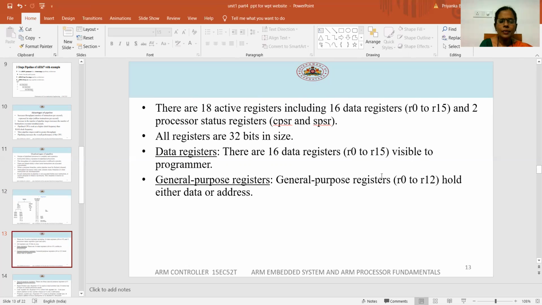You may ask why R0 to R15 are there but the general purpose registers are taken only from R0 to R12? Because from R13 onwards, the registers have special functions. R13 stack pointer, R14 link register, R15 program counter, so they cannot be used as general purpose registers. So R0 to R12 can be used as general purpose registers.